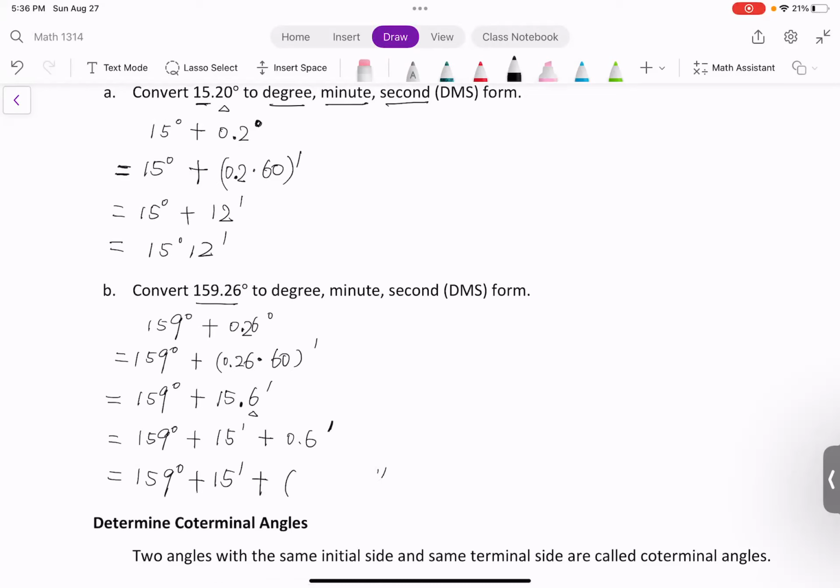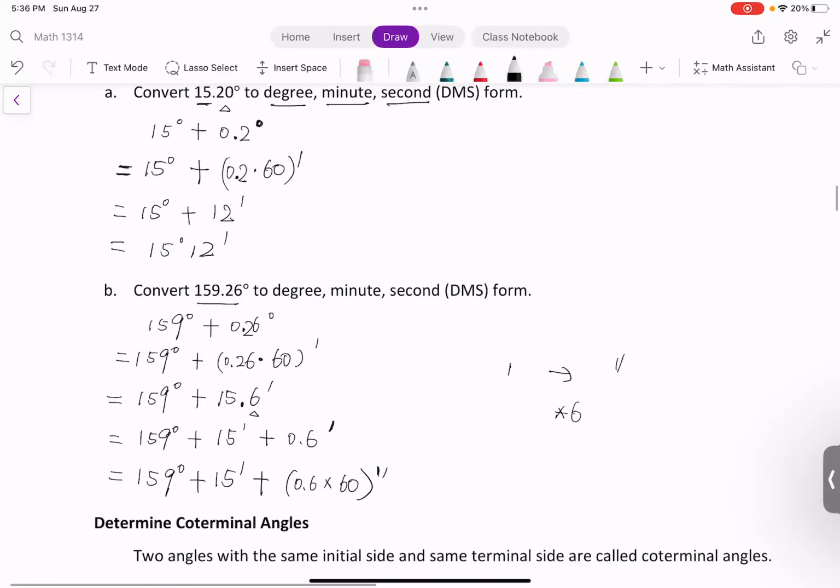From the big unit to the small unit, I'm going to multiply 0.6 times 60, because from the minute to second, I multiply by 60. If I have from the degree to the second, multiply by 3600.